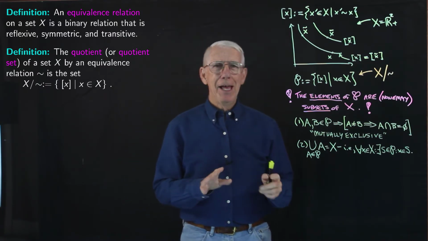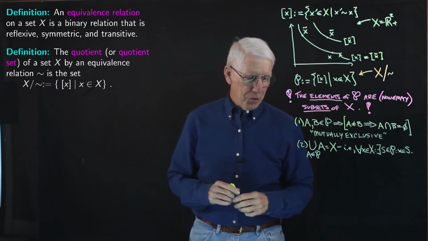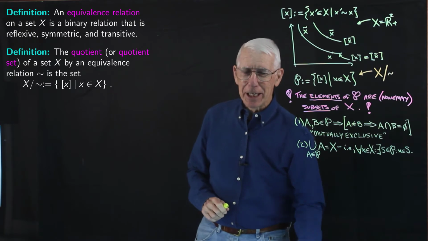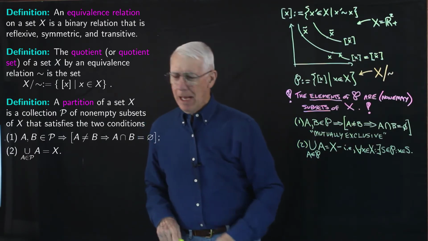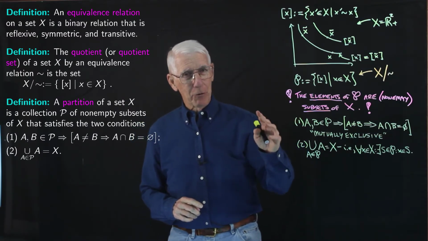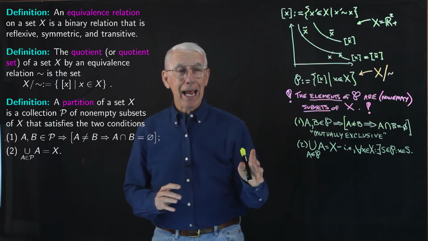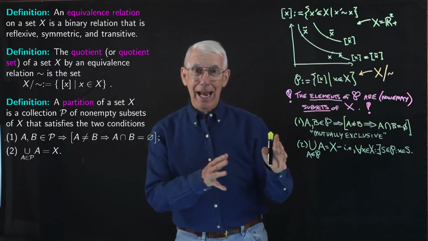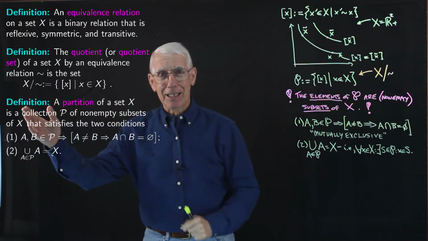Okay, with that aside, let's return to the subject at hand here. I've said that we see this over and over, and so of course you're going to say, hey, we probably elevate this to a definition. And of course that's exactly what we do.